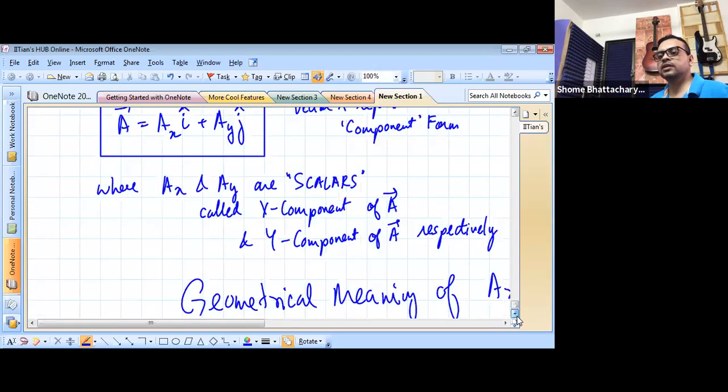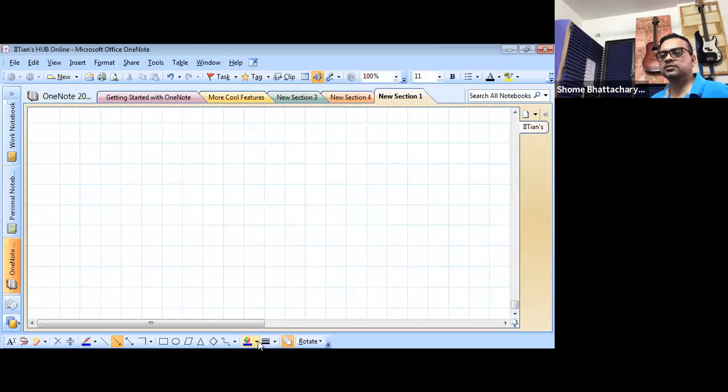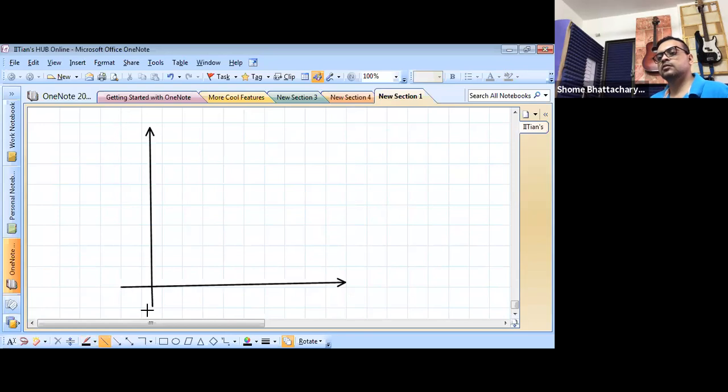So for that, what we'll understand is with respect to my xy axis, suppose I have a vector which when I draw it from the origin, it looks like this. This vector E makes some kind of acute angle with the x-axis and its magnitude is E.